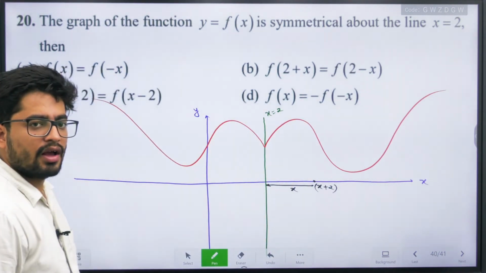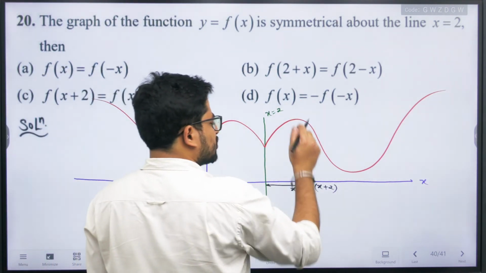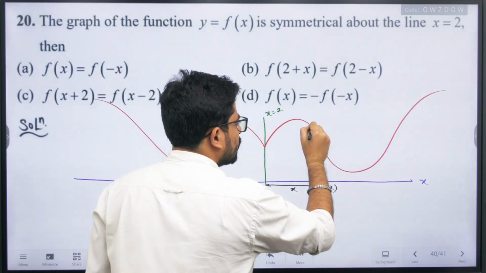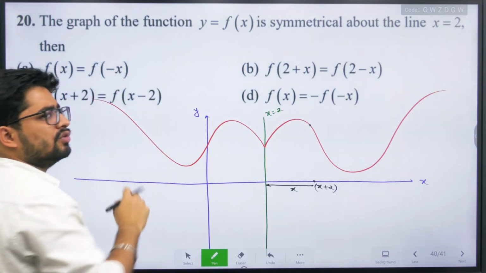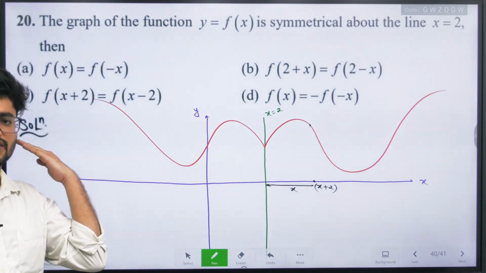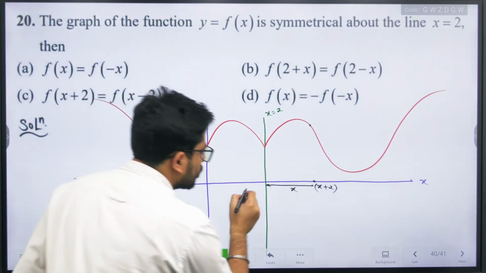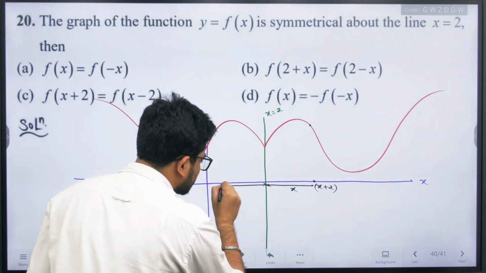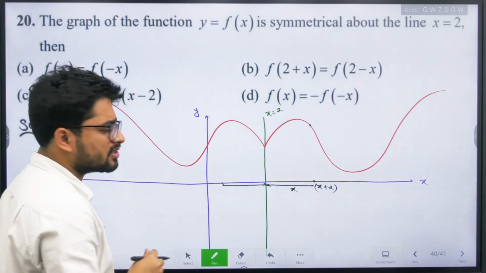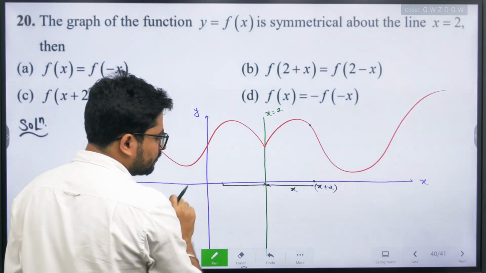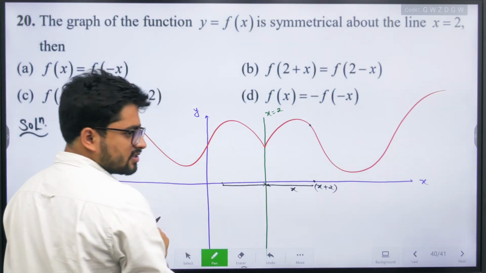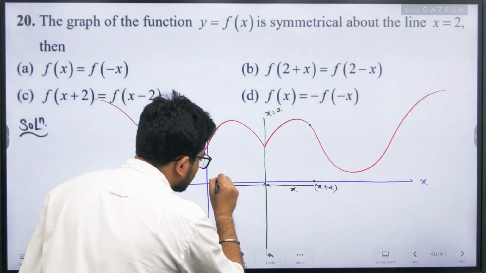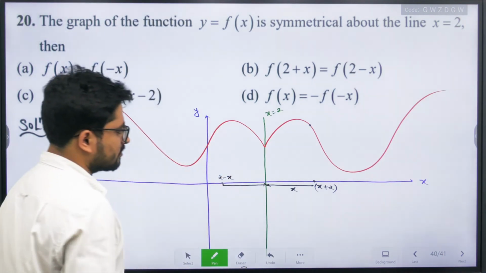If the function has some value at x plus 2, you have the same value at x distance on the left-hand side because your graph is symmetric. So if you take another point at x distance, the whole distance is 2 and this is x, so this point is 2 minus x.